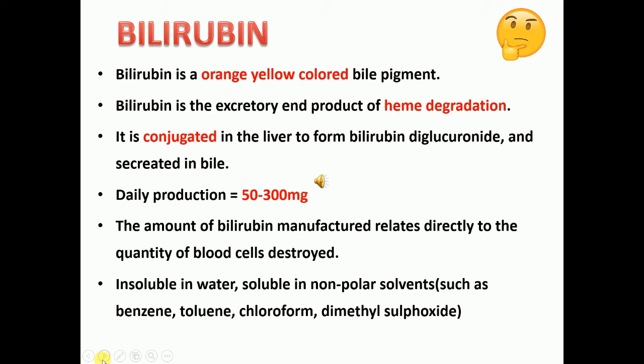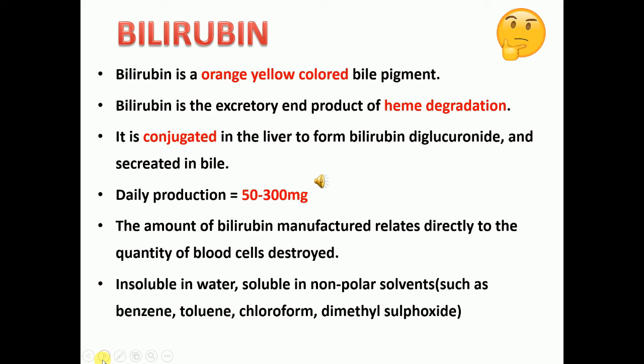The conjugated bilirubin occurs in the liver and forms bilirubin diglucuronate, and it is excreted in bile. Daily production of bilirubin is 50 to 300 milligrams. The amount of bilirubin manufactured is directly related to the quantity of red blood cells.